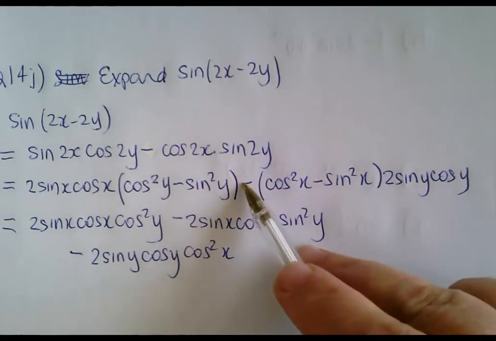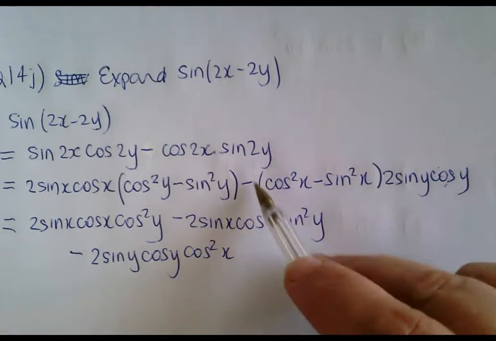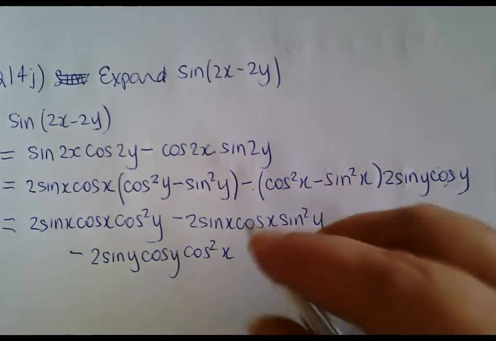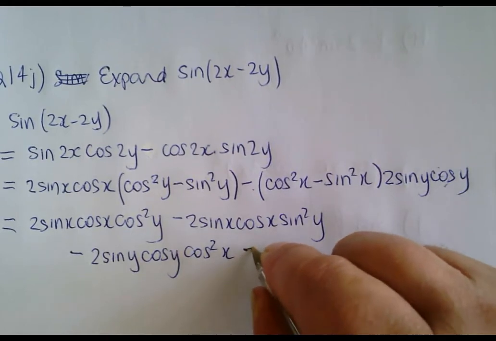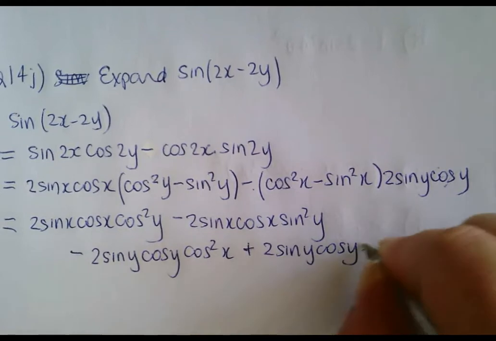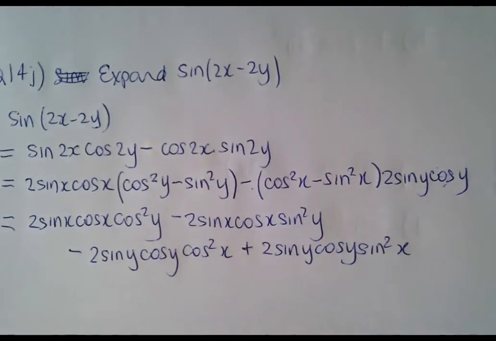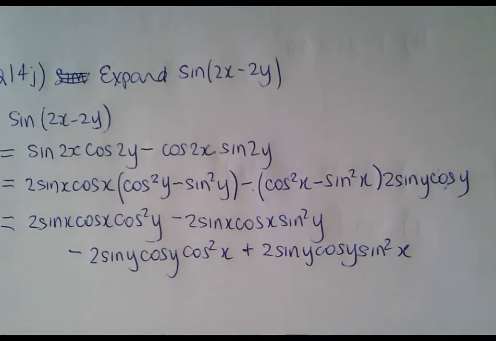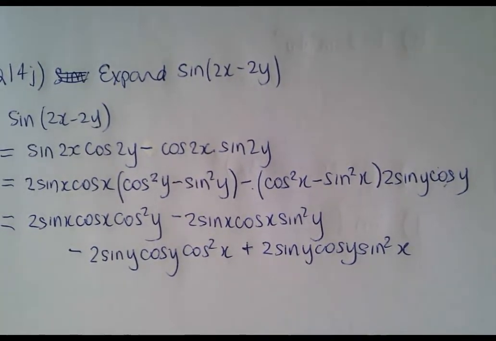And what about the next one? So it's minus, see, I could write that in front. The next one will be a minus or a plus? It's plus 2 sine y cos y sine squared x. Now I'm pretty sure nothing cancels, and it doesn't. So there really was no need to expand again, because you can't simplify.